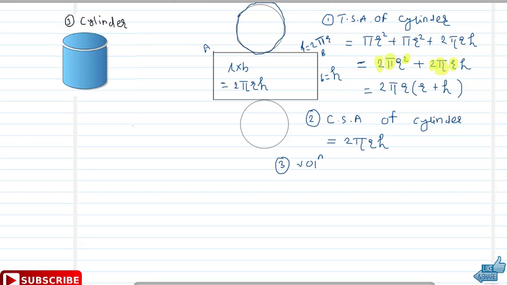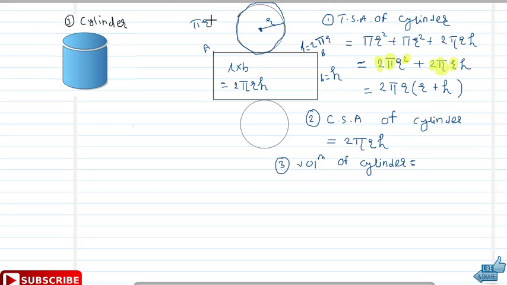Volume of cylinder. Now if you observe, the volume of the cylinder depends on the area of the circle. If you increase the area of the circle, it means we have to increase the radius. Correct? So to increase the area of the circle, we have to increase pi r square.